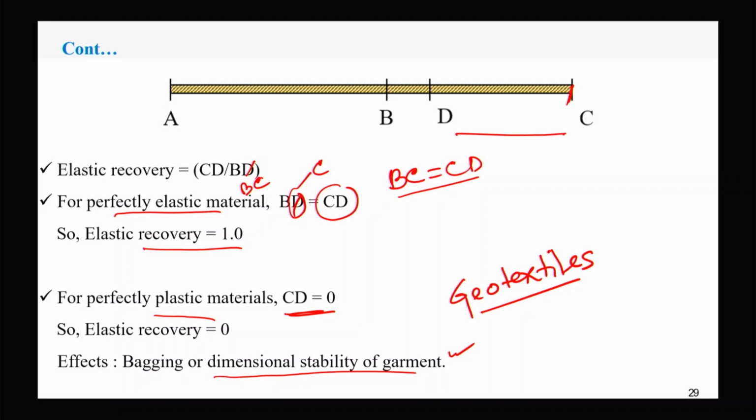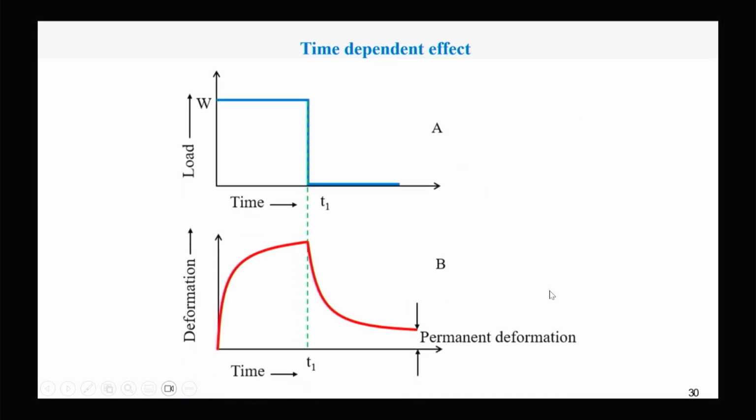So there this permanent deformation changes the characteristics of the material. So the time dependent effect is called the creep effect.